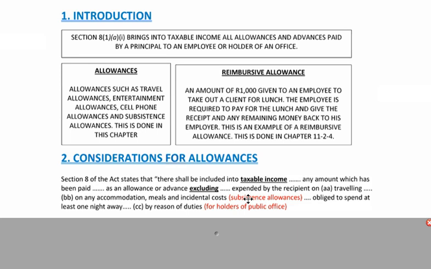That would be a subsistence allowance, when you're obliged to spend at least 1 night away, or by reasons of duties for holders of public offices. So only 3 allowances can actually be reduced in terms of Section 8: travel, subsistence, and then allowances for holders of public office.